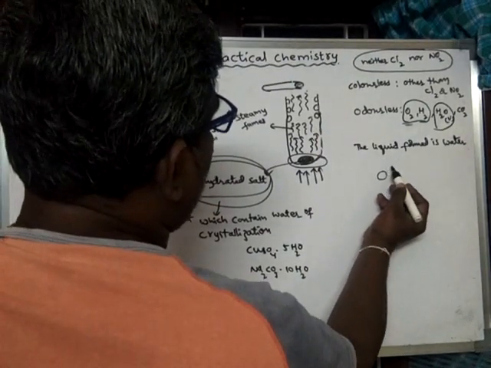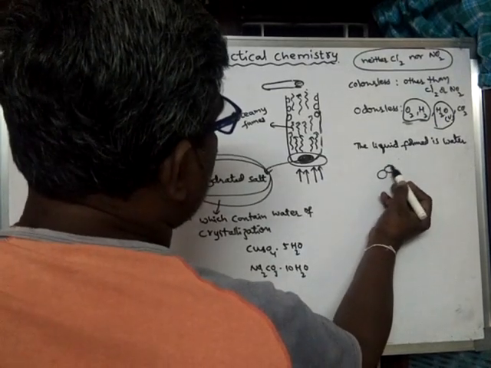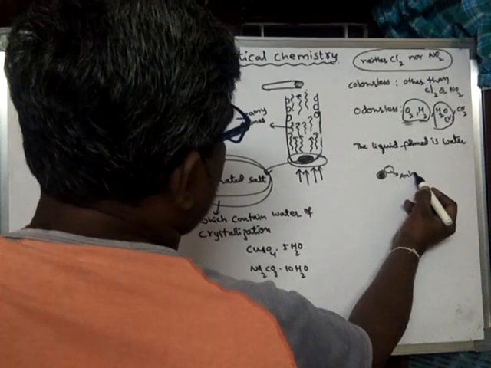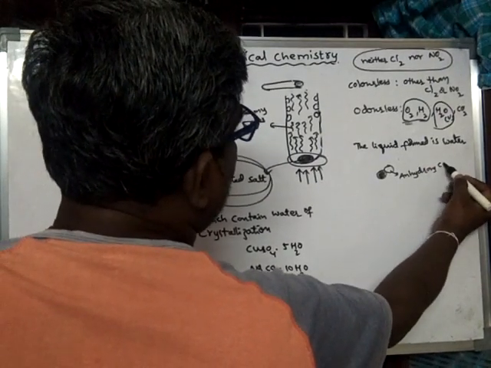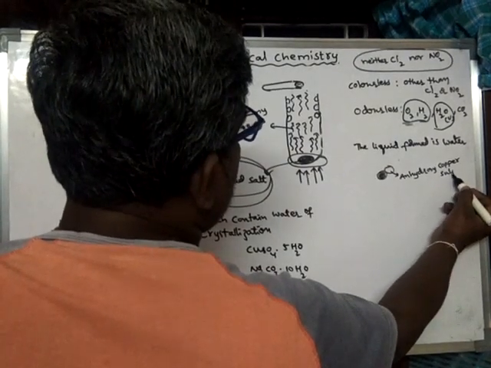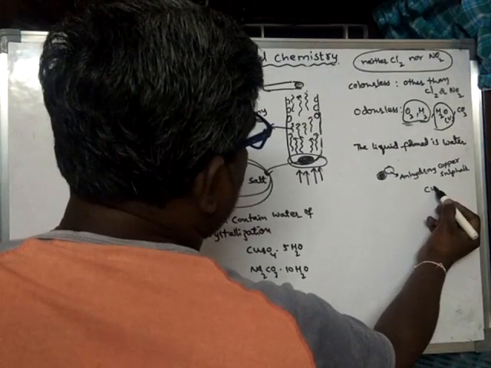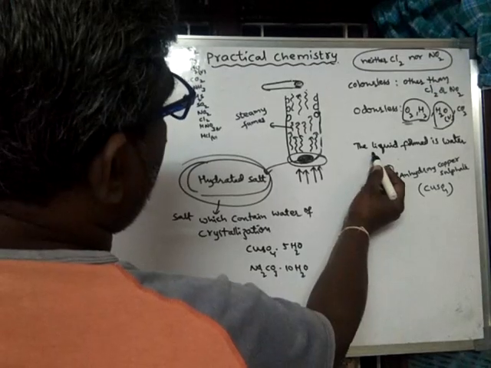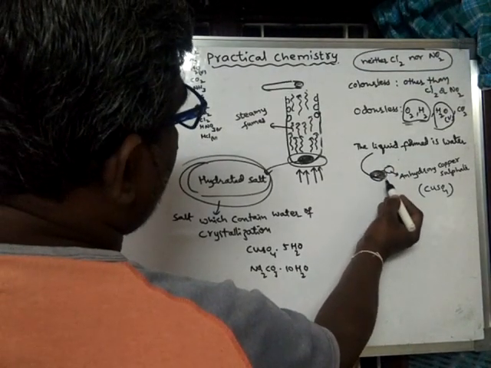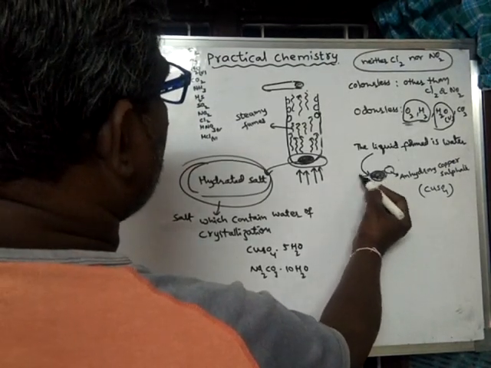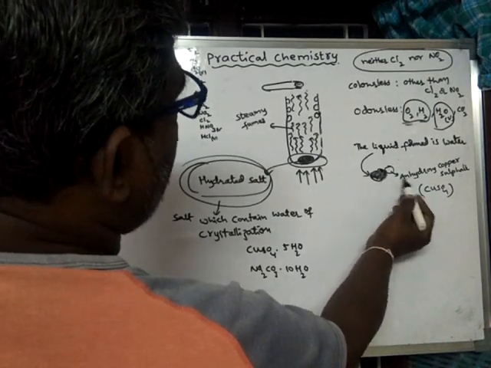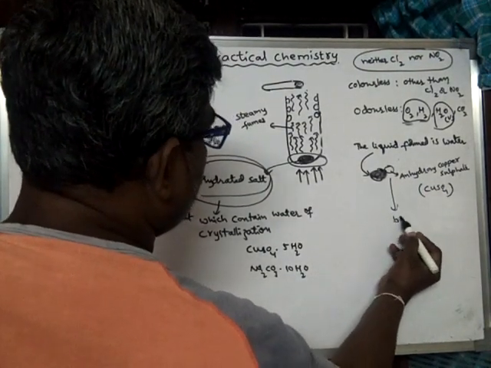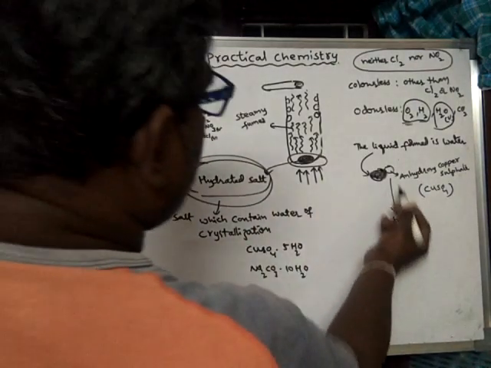When I bring a crystal of anhydrous copper sulfate, with the formula CuSO4, and touch it to this liquid formed on the wall of the container, suppose the color of the anhydrous copper sulfate turns blue. Why is it turning blue?